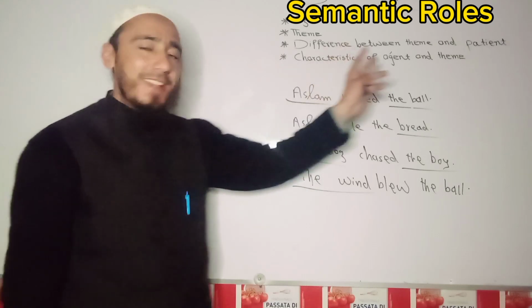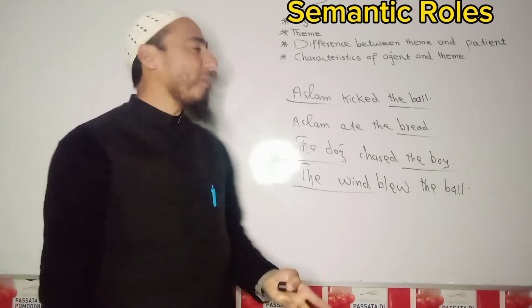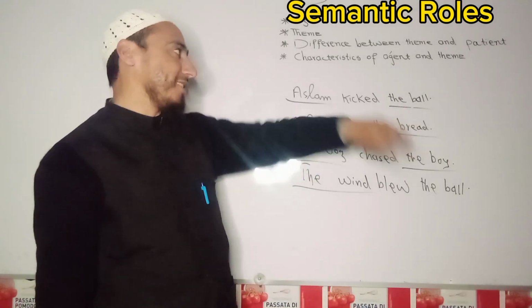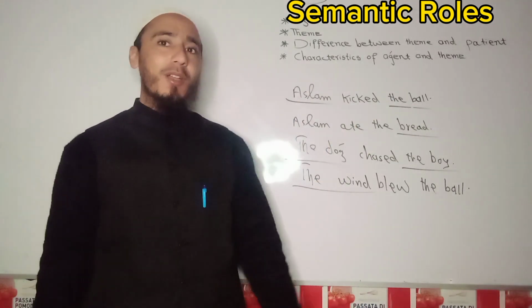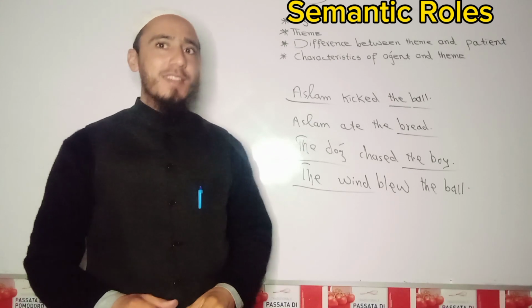So we can say that theme also refers to an entity that does not perform an action. Here you see the ball does not perform an action, but it is affected by the action which is performed by the agent. Hope that this topic is clear to you.